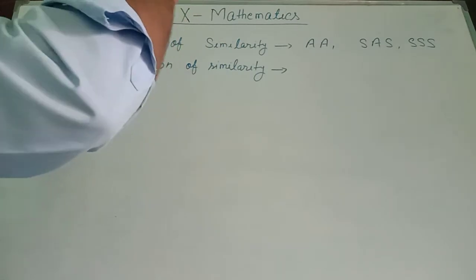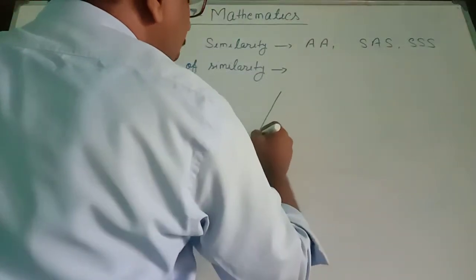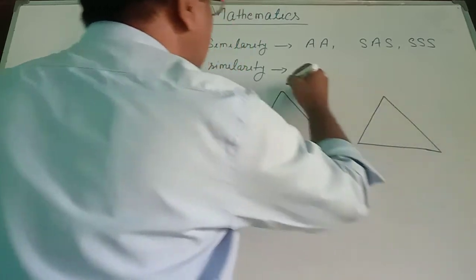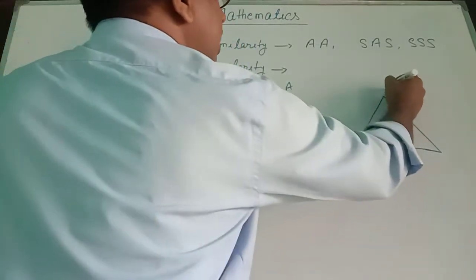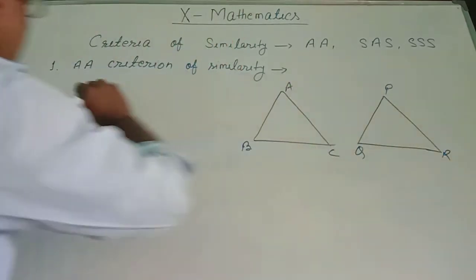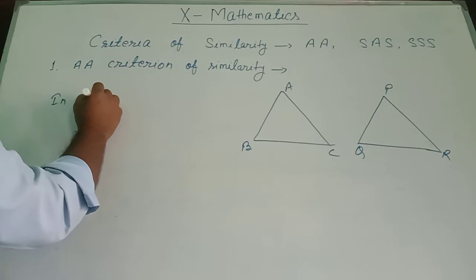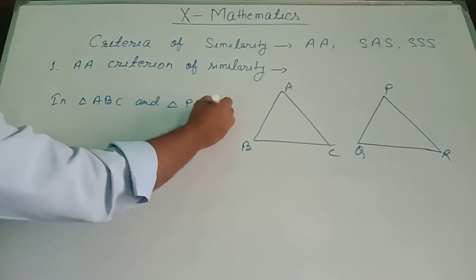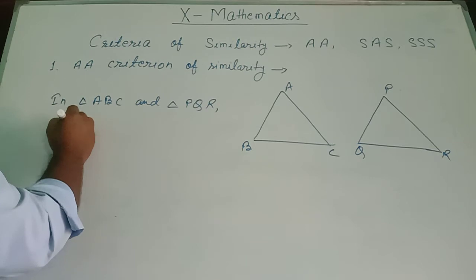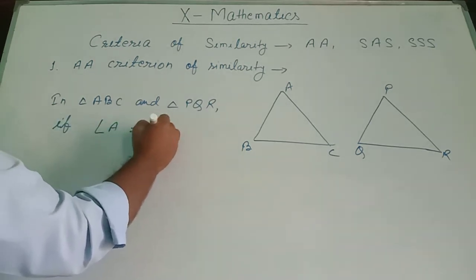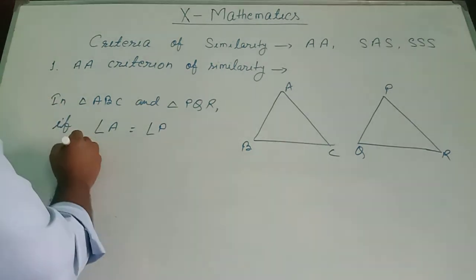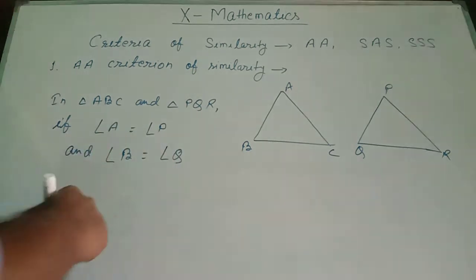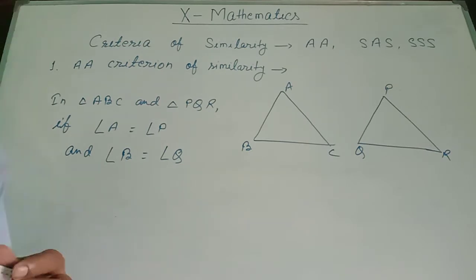In this, if we have two triangles ABC and PQR, in triangle ABC and triangle PQR, if angle A equals angle P and angle B equals angle Q, means any two pairs of corresponding angles are equal.